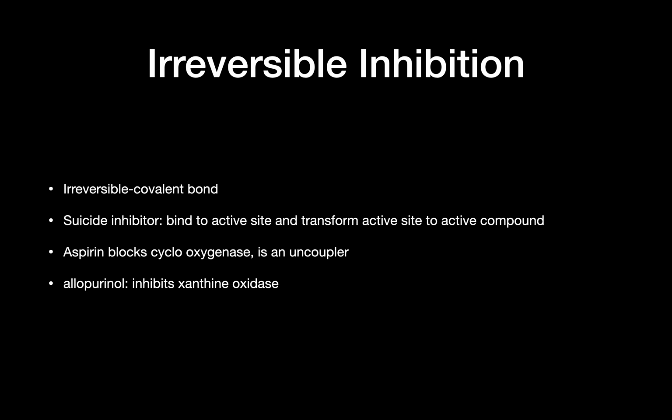Aspirin is an example. It blocks cyclooxygenase, and it is an uncoupler. Allopurinol just inhibits xanthine oxidase, and that inhibits the uric acid production.